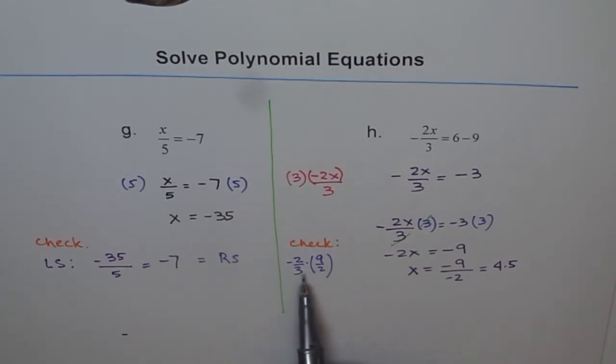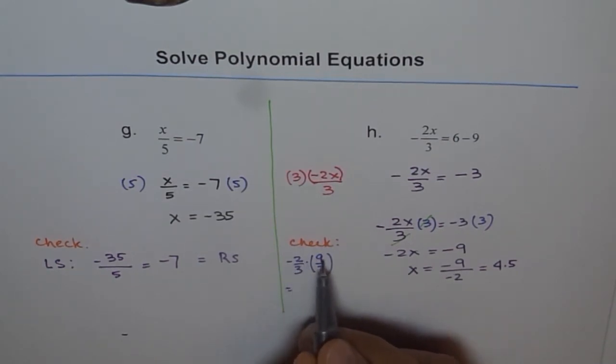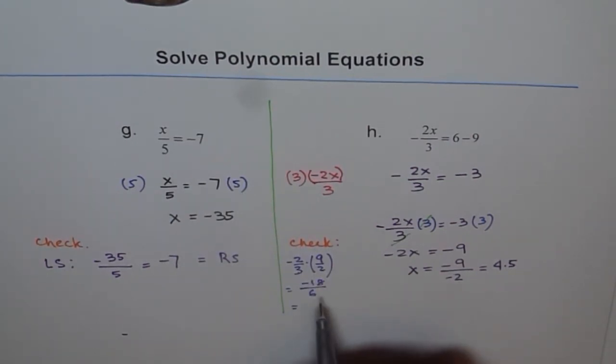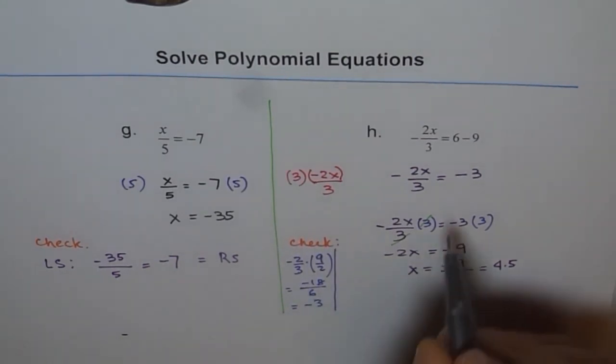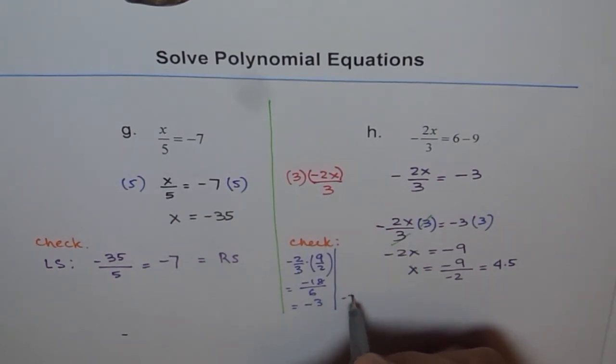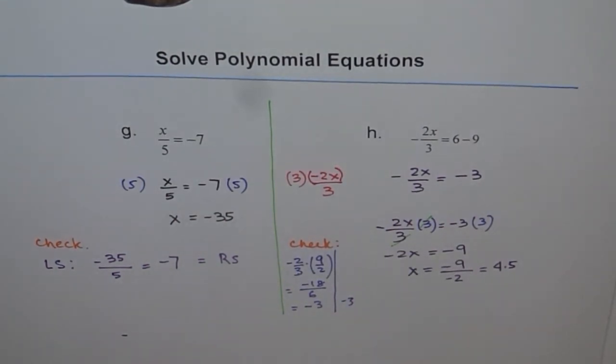If you do that, 2 divided by 2 is 1, and 9 divided by 3 is 3 with the minus sign. Or you could write this as minus 18 divided by 6, which is equal to minus 3. That is your left side. And on the right side, you have 6 minus 9, which is minus 3. So both left and right side are equal, and therefore our solution is correct.